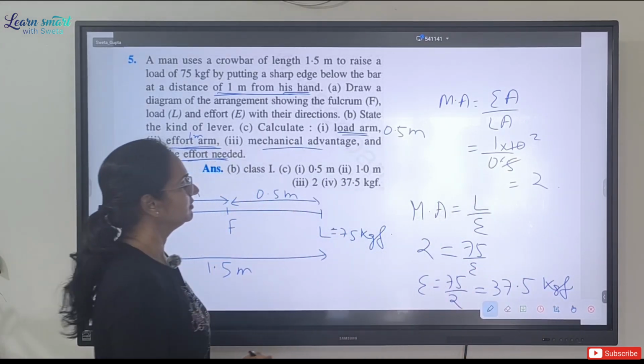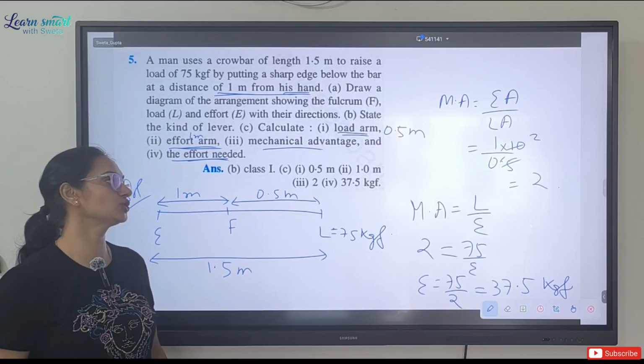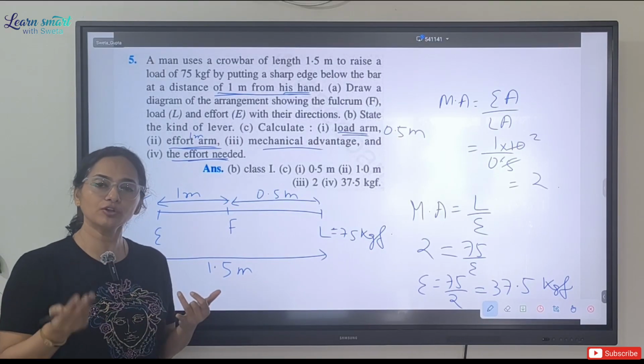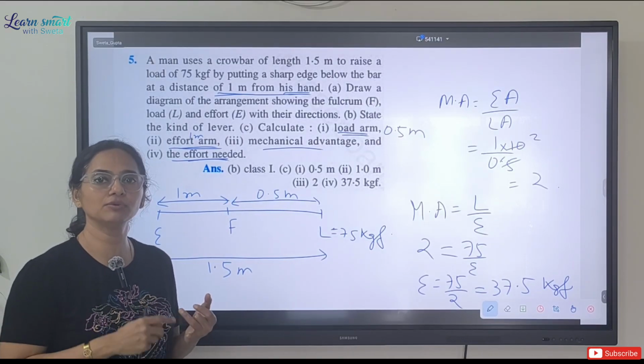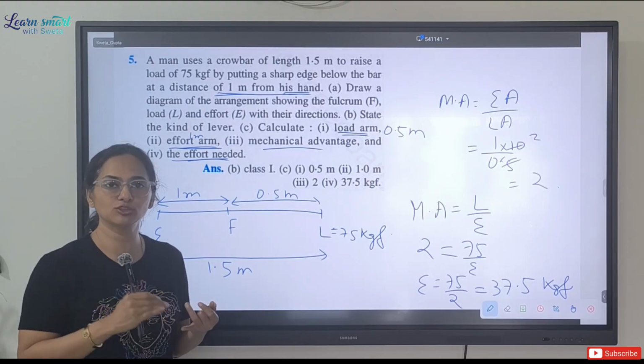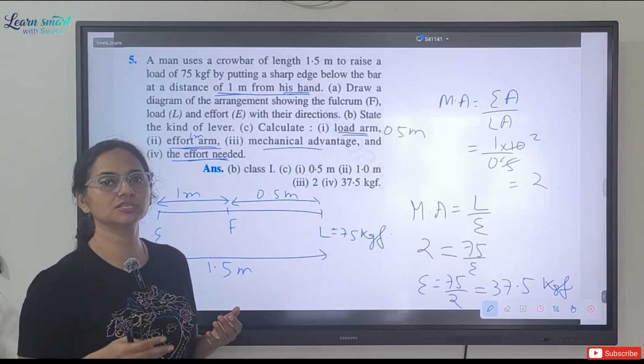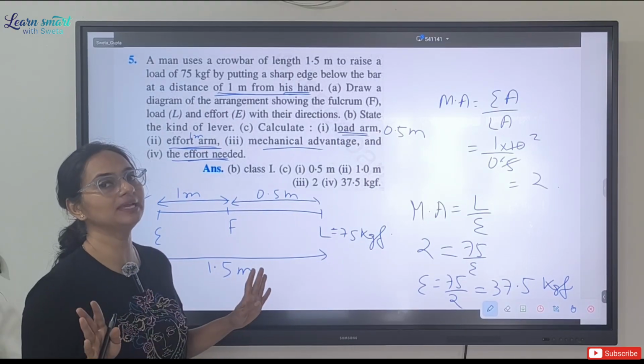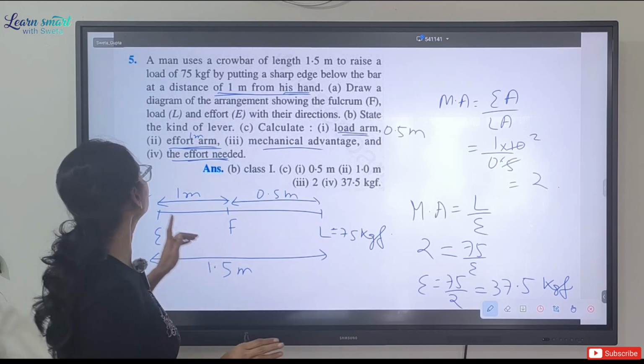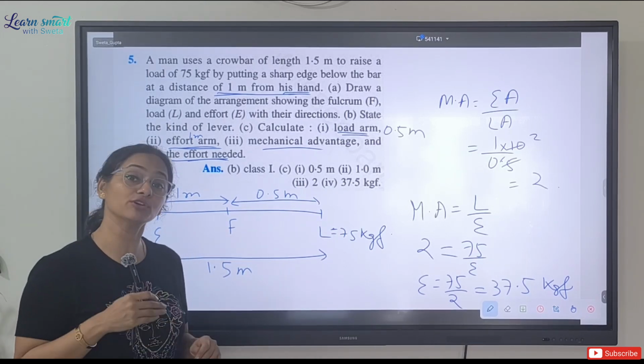That is the effort we get. So in every question, we are using mechanical advantage is equal to length of effort arm upon length of load arm, and mechanical advantage is equal to load upon effort, and very simply we got all the answers from question number 1 to 5. Let's see question number 6.